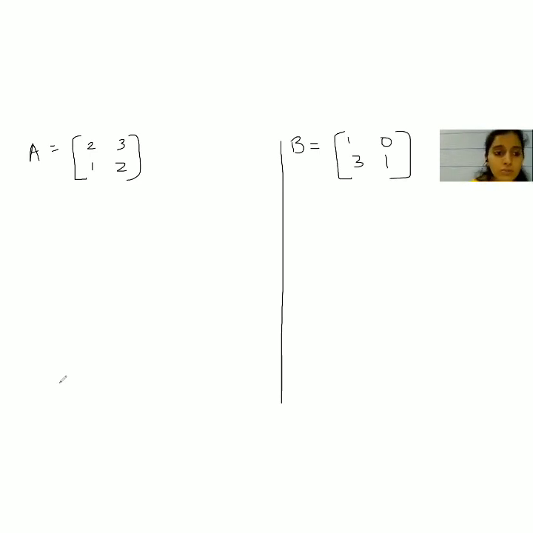Now how do we find the inverse by the adjoint method? We write the minors and then we write the cofactors. So I'll just quickly write the minors for you. M11 would be 2, M12 is equal to 1, M21 is equal to 3 and M22 is equal to 2, right?